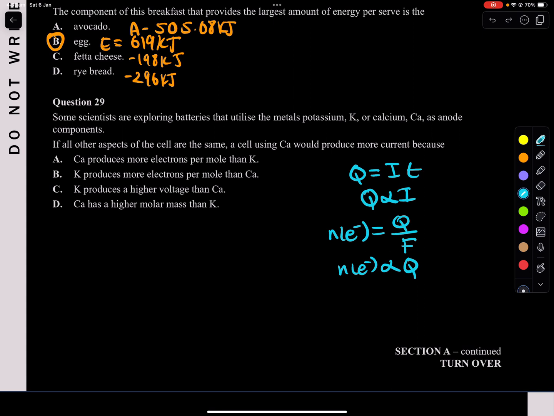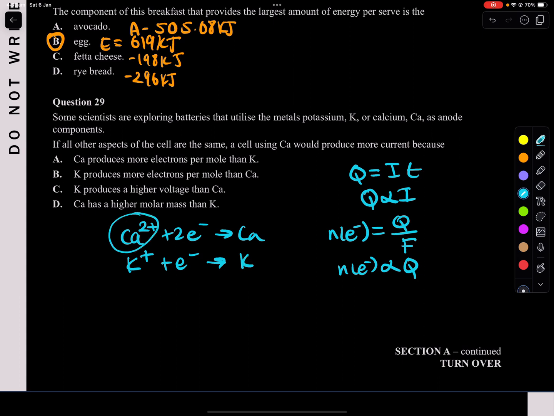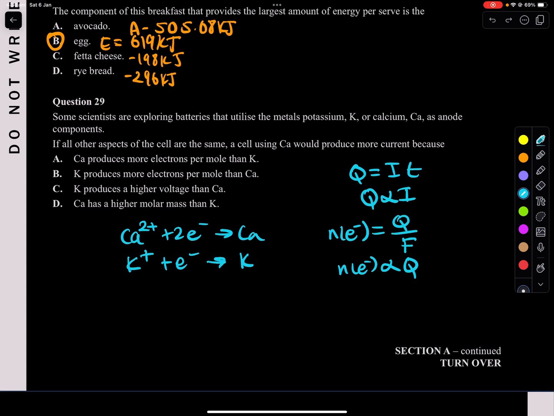So because we know calcium produces more current, because calcium, Ca2+ + 2e- goes to Ca, whereas K+ + e- goes to K. As we can see, for every mole, calcium produces 2 moles of electrons, which is great. The more electrons we have, the more charge we have. Hence, the more current we have. Whereas potassium actually just produces 1 mole for every mole of potassium. So that's probably why. Let's look at A.